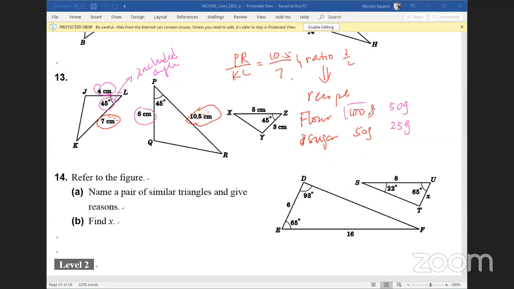Because if you look at these two, the ratio is 2:1. The amount of flour is 2 times of the sugar. Then in this case, we are calling the ratio 2:1.